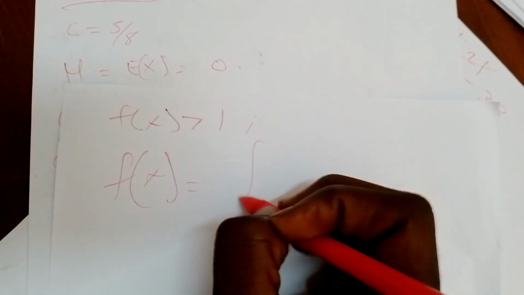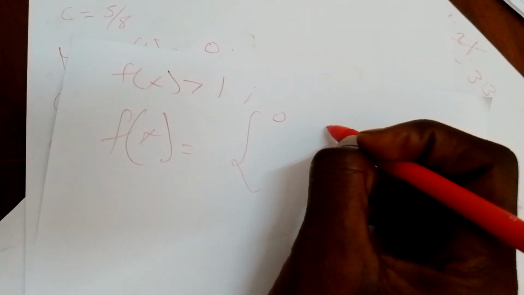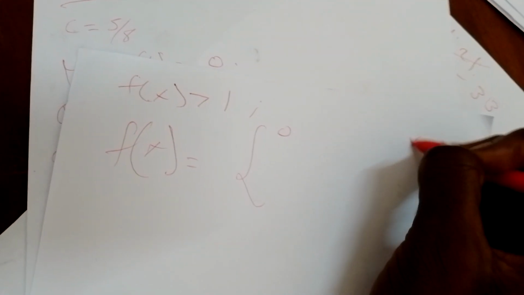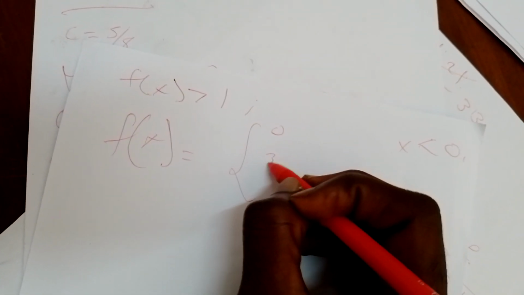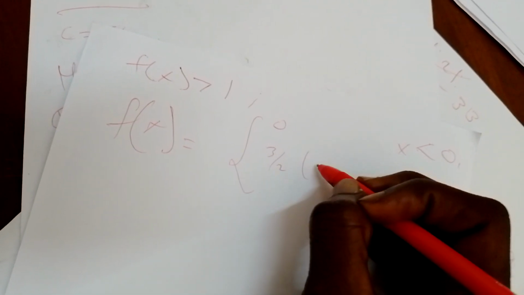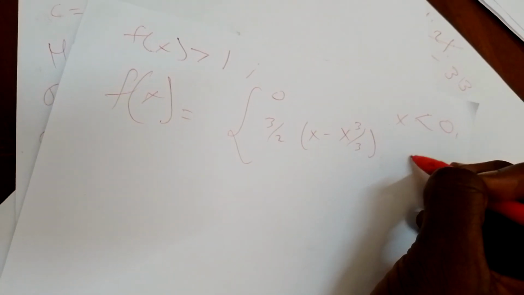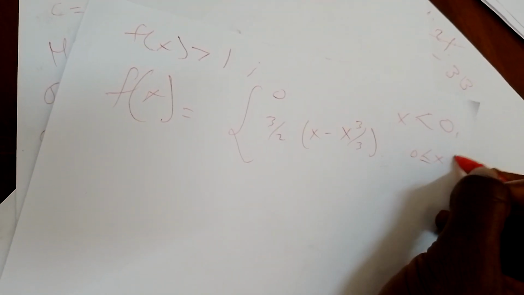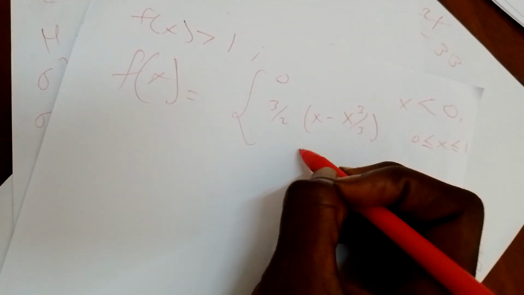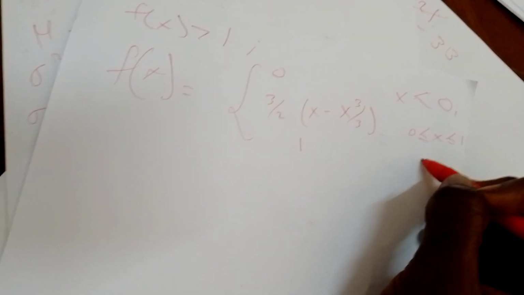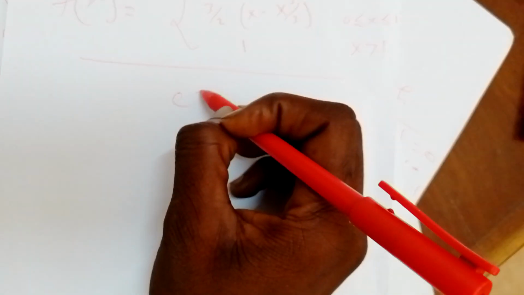You have 0 for x less than 0, you have 3 on 2 times x minus x cubed on 3 for 0 less than or equal to x less than or equal to 1, and then you have 1 for x greater than 1. So basically this will be your CDF.